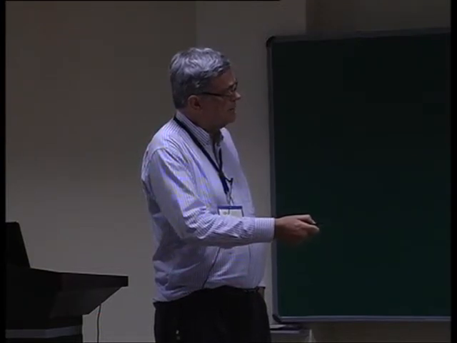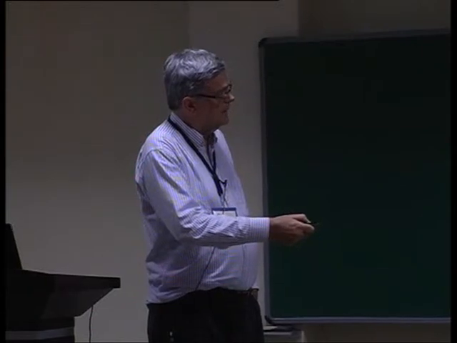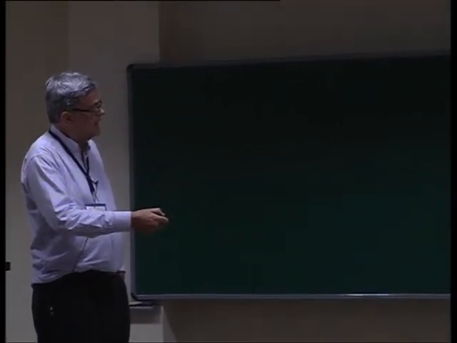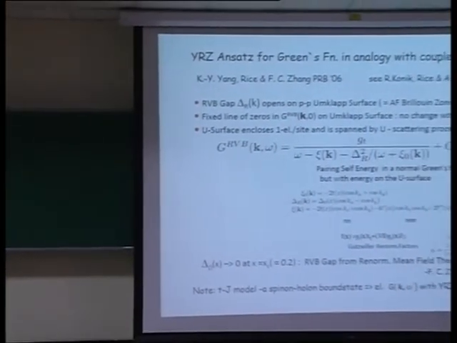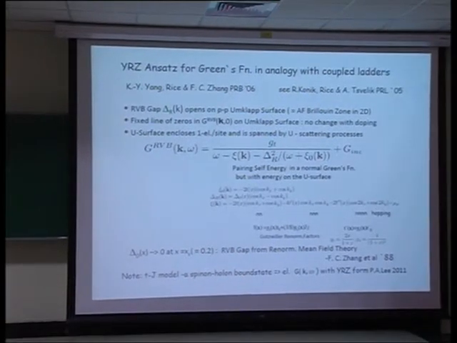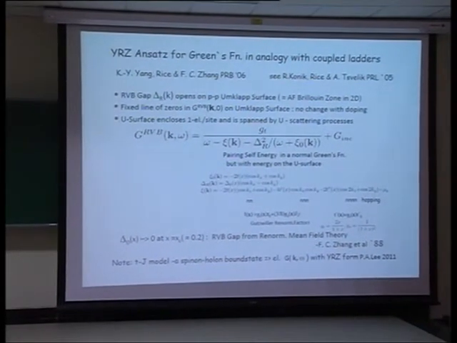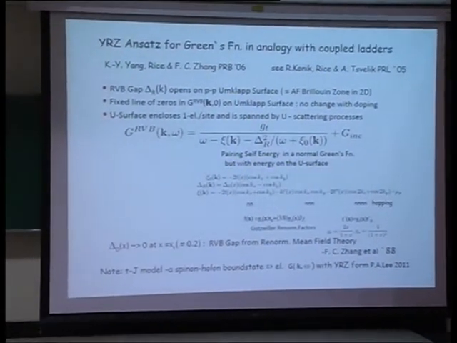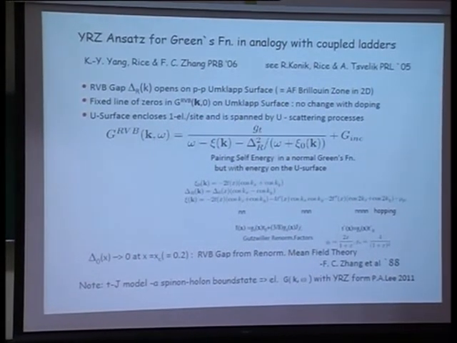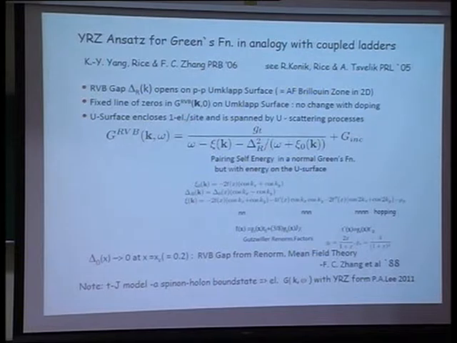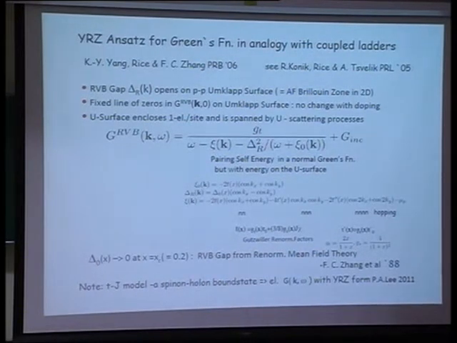And that goes back to work with Robert Konik and Alexei Tsvelik on an array of two-leg ladders, where we could show for a specific choice of interladder hopping that one could justify a form for the self-energy of the individual ladders remaining untouched when we introduced longer range hopping between the ladders.